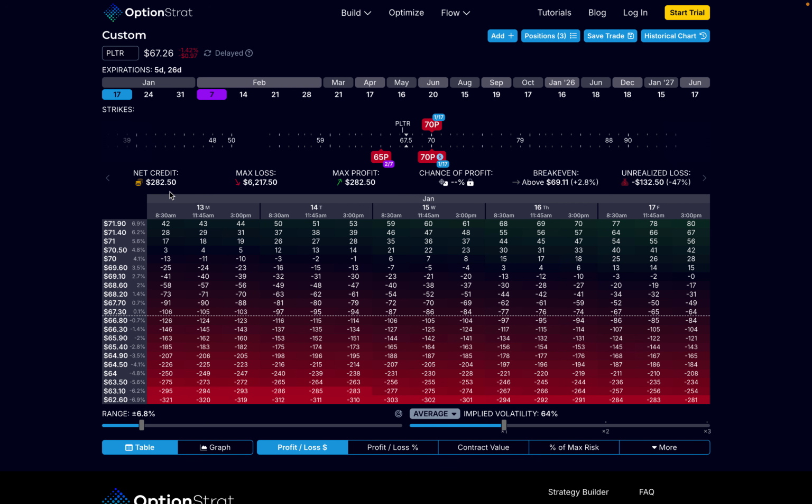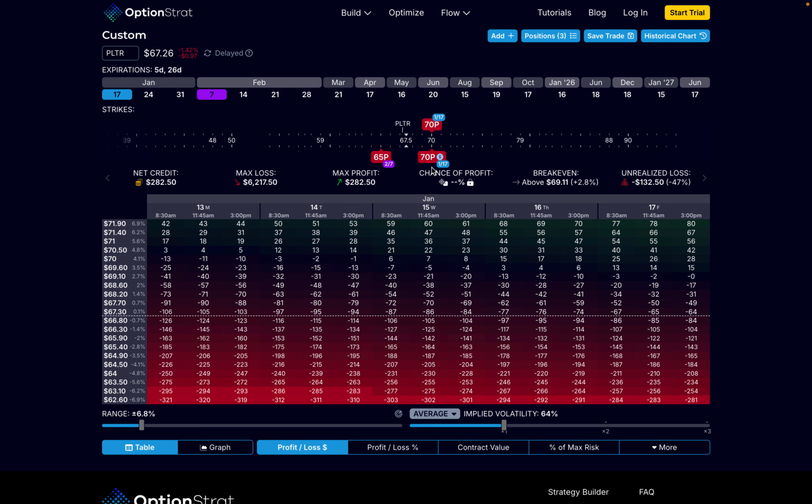So Palantir only needs to stay above $65 for me to make my entire credit. And if I do end up getting assigned on this new trade, I would have to buy the 100 shares at $65 a share instead of $70 a share.